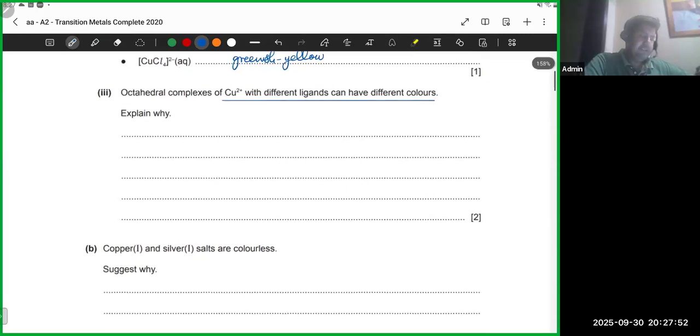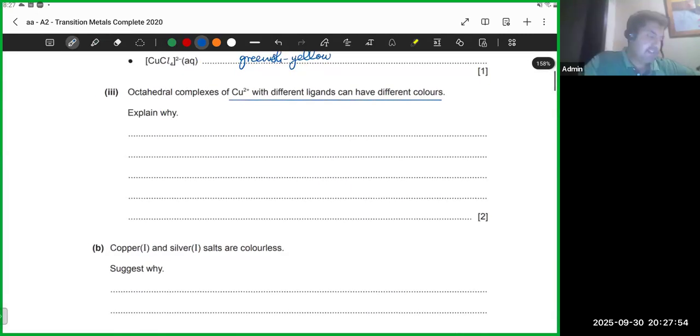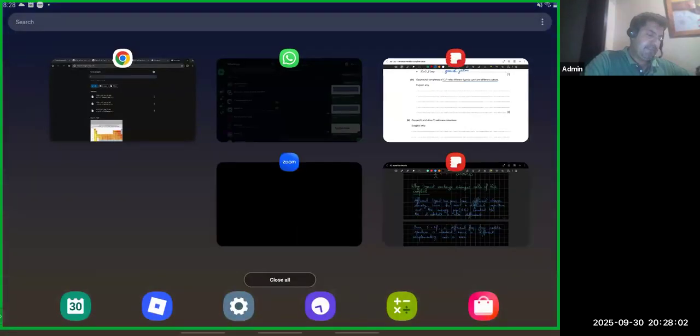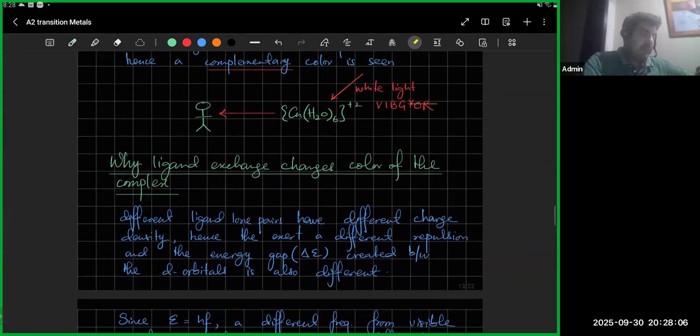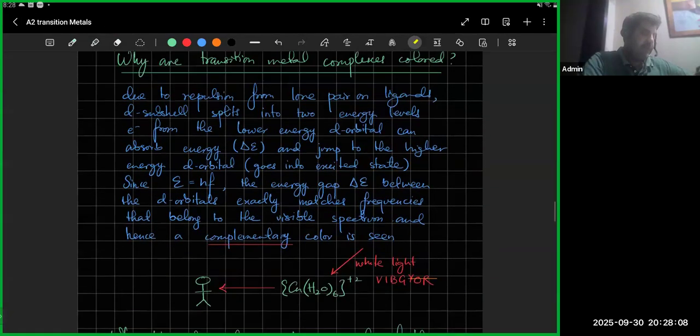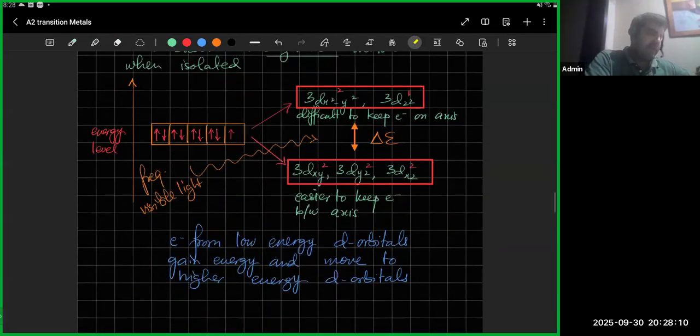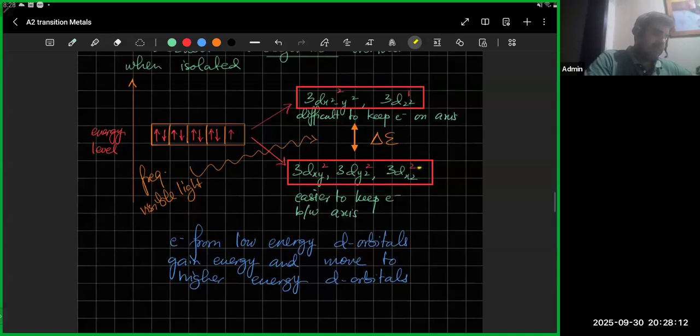And similarly, there's going to be a third question, which is written in the notes as well. Why are copper 1 and silver 1 salts colorless? So I'm going to go back to the notes. Now, for them to be colored, it was important that the electrons can go into an excited state, right?